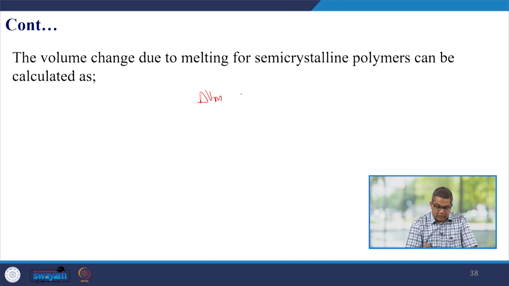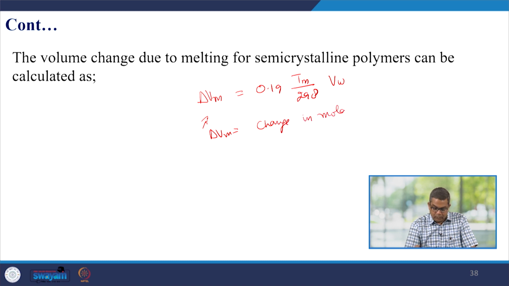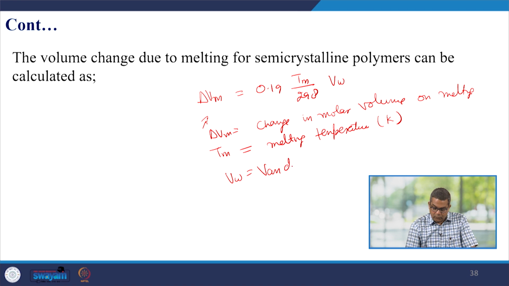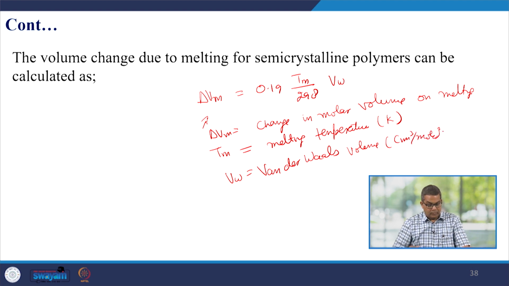So, delta Vm = 0.19 Tm/298 Vw, where delta Vm is the change in molar volume on melting, Tm is the melting temperature in Kelvin, and Vw is the van der Waals volume in cubic centimeter per mole.